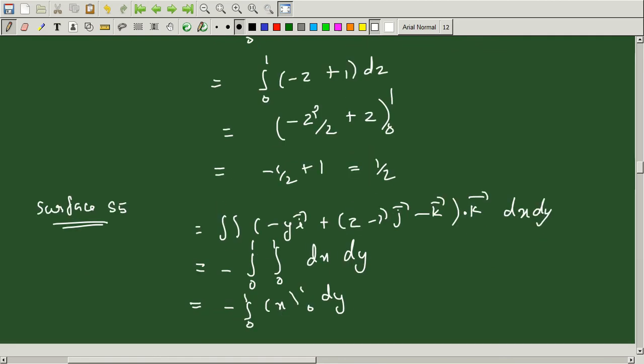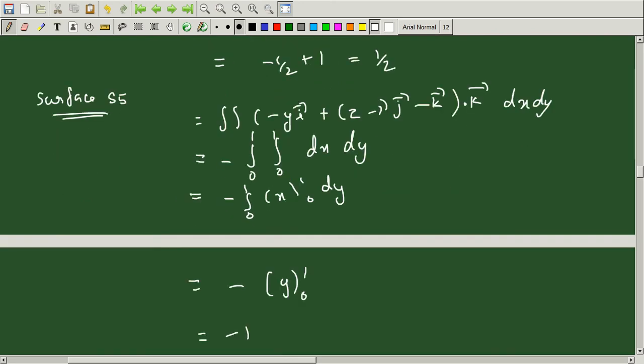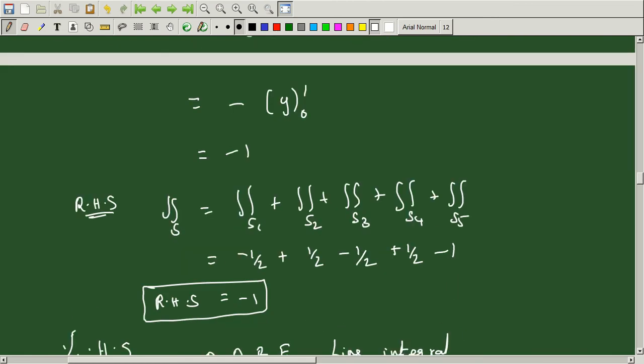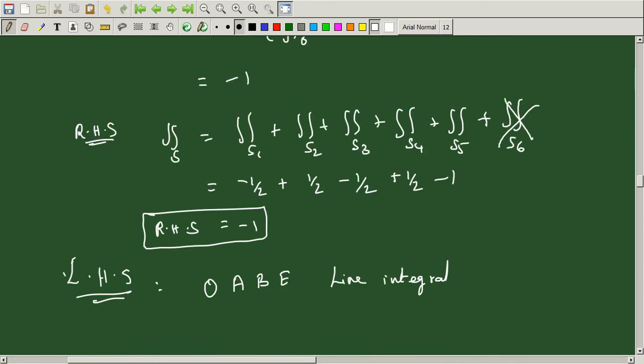For S5, we consider the k vector as the unit vector, and doing this we get minus 1. So for the RHS we need to add all the surfaces except S6, because it is an open surface, which we are not calculating. Now adding all of them, we get minus 1 as the RHS.